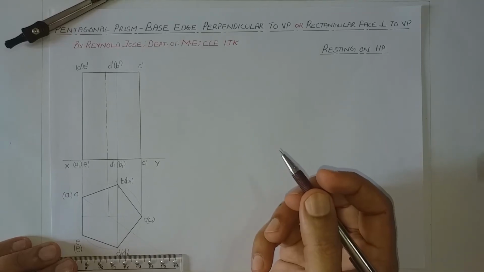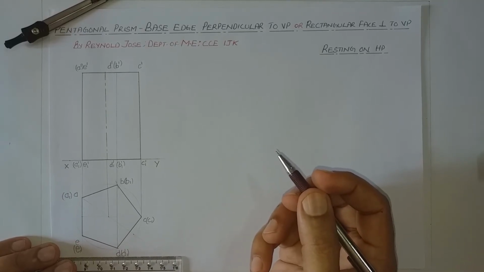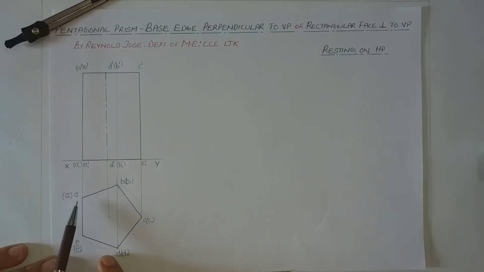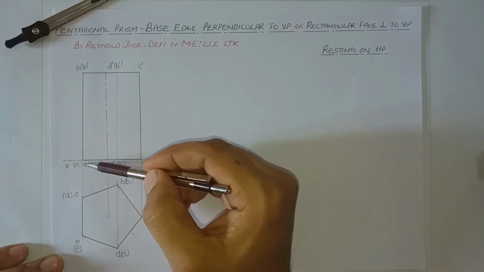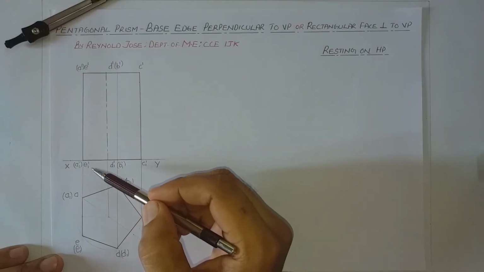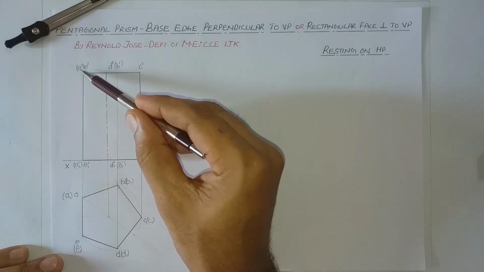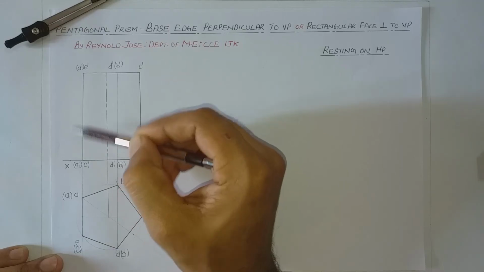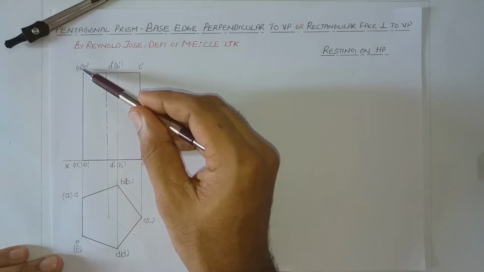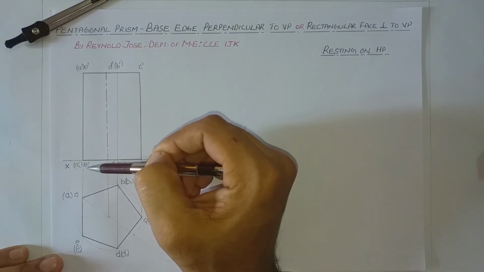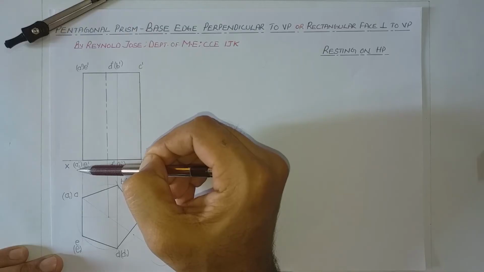Now let us draw the remaining lateral edges of the corresponding prism. Which are the lateral edges? Lateral edges are AA1, BB1, CC1, DD1 and EE1. We have already drawn E dash E1 dash. Behind that we have A dash A1 dash. A dash A1 dash is actually invisible, but it is overlapped by E dash E1 dash. That is why we are not able to represent A dash A1 dash as an invisible line.